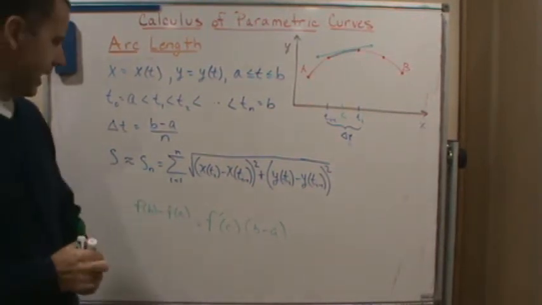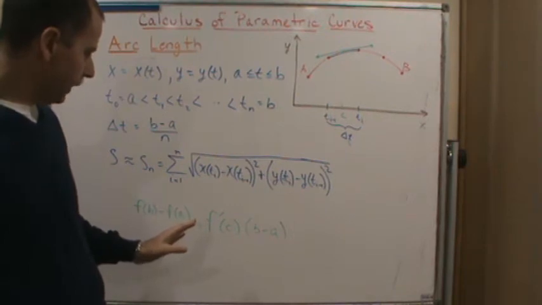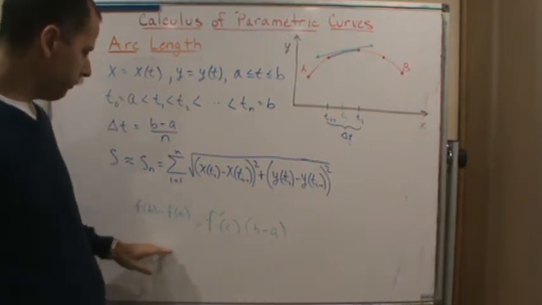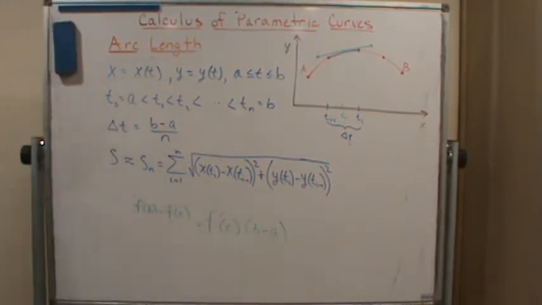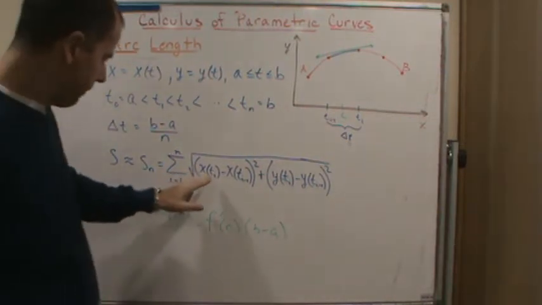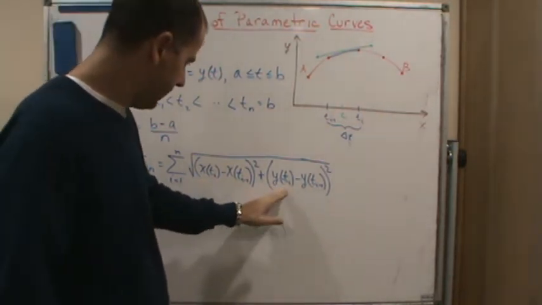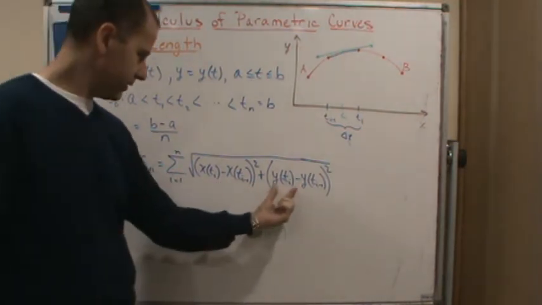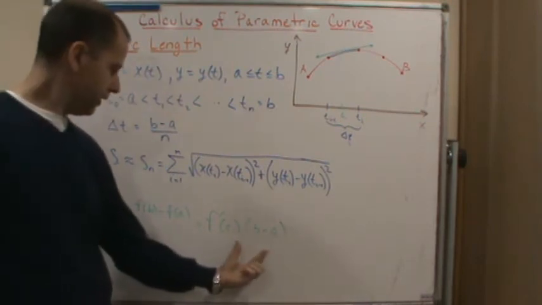So this means I can use the mean value theorem in here and start simplifying things. How do I do that? What do I have? I have this minus this, and I have this minus this. Aren't these two functions of t? I can use this.